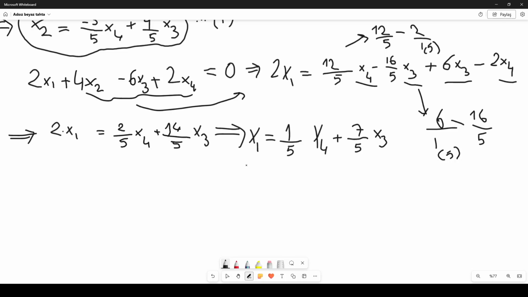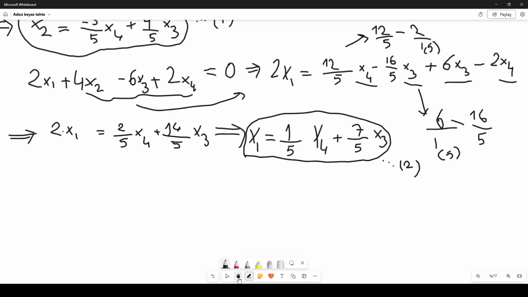In other words, we wrote the other basic variable x1 in terms of the free variables x3 and x4. Number it with 2.